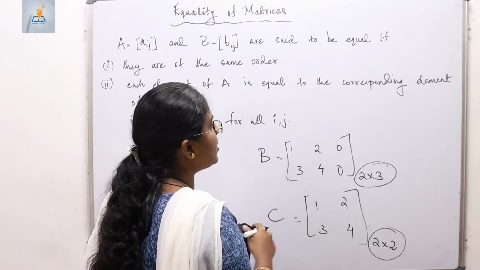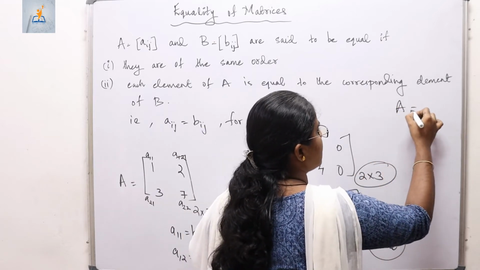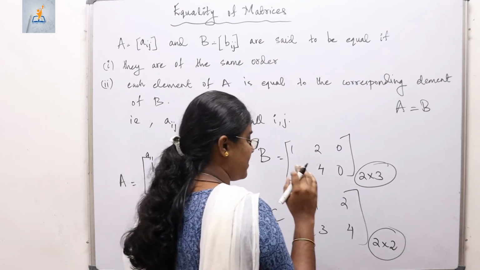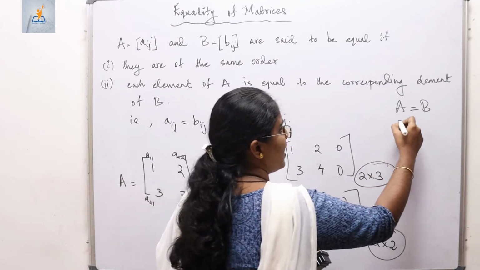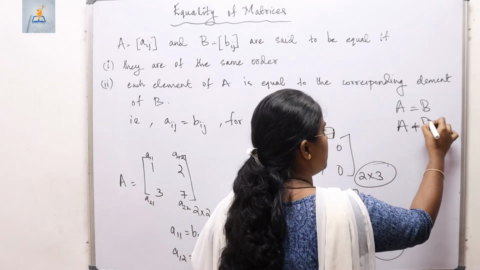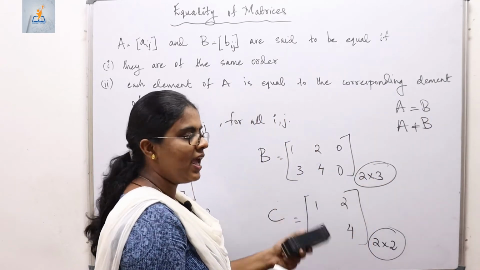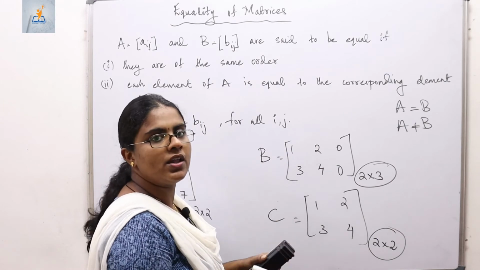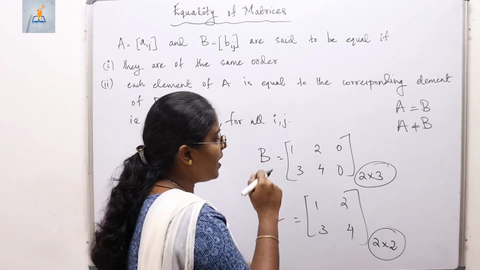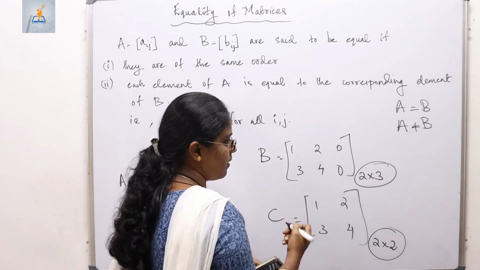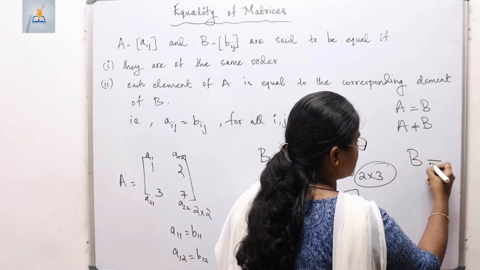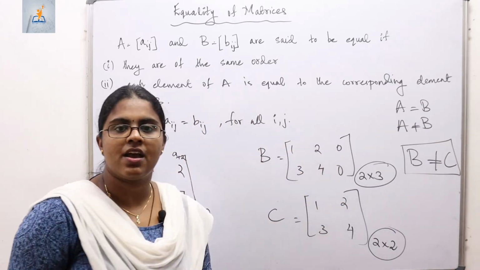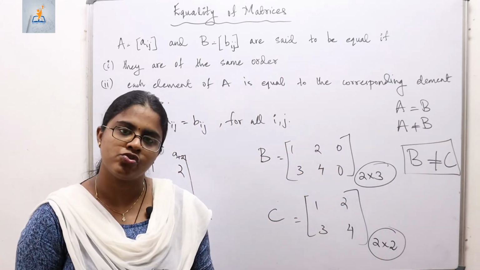So we denote equal matrices like this, A is equal to B. And we denote non-equal matrices like A not equal to B. We use the equal to sign and not equal to sign to denote the equality and inequality of matrices. So we have here B not equal to C. So we can write it like this, B not equal to C. So this is the criterion for the equality of two matrices.